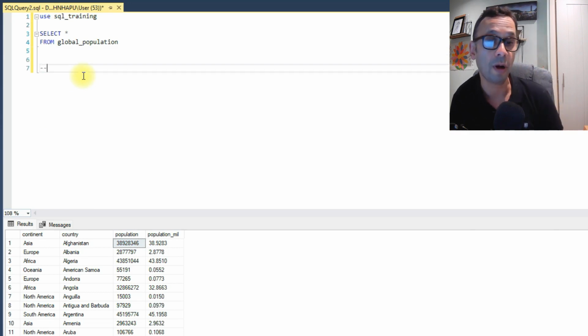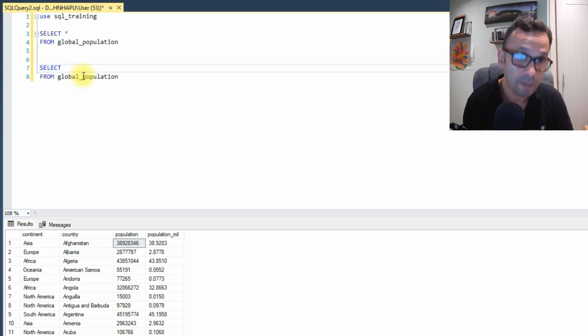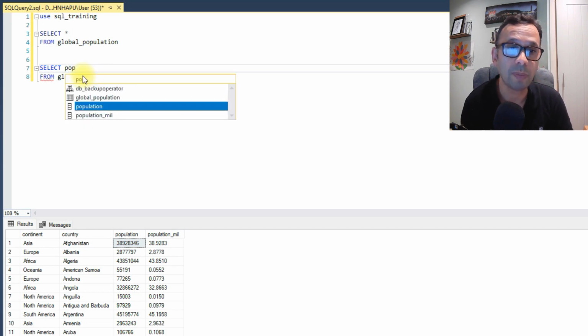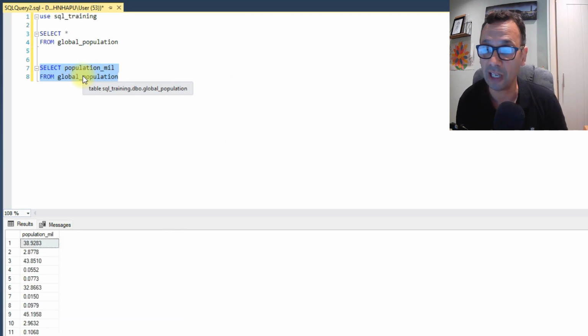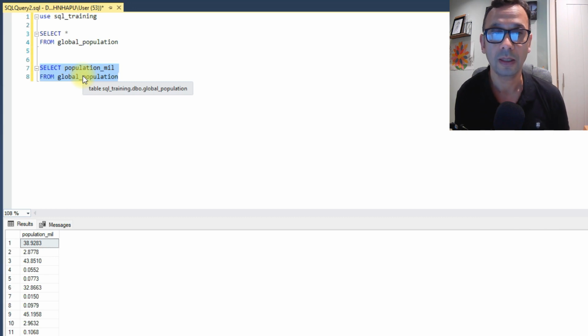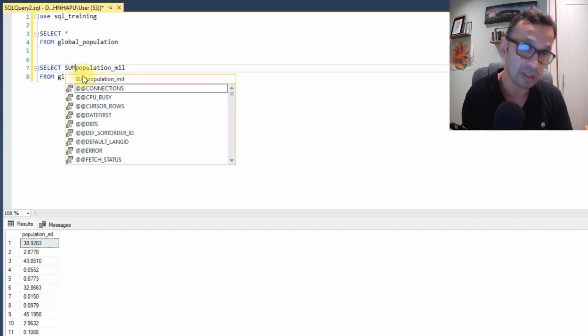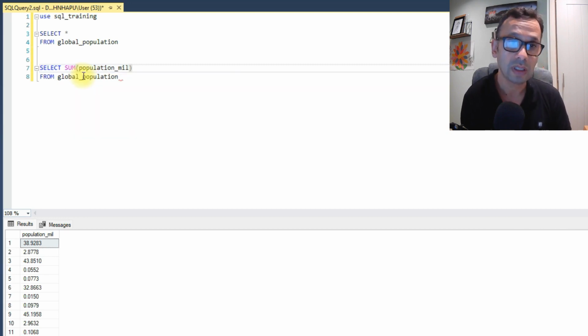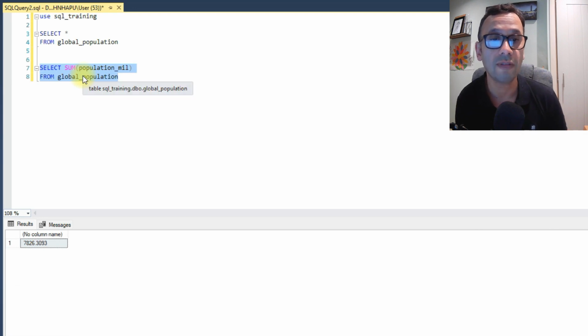Okay. So if we want to look at the total value of that population mil column, we could say select, well, if we do population mil on its own, it'll just list that column. Every value in that column is 235 values. But if we want to look at the total of that column, we use the keyword sum, and that will give us the total of that column.